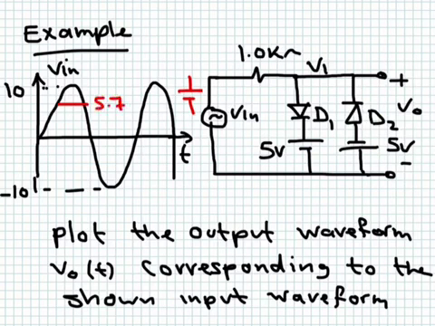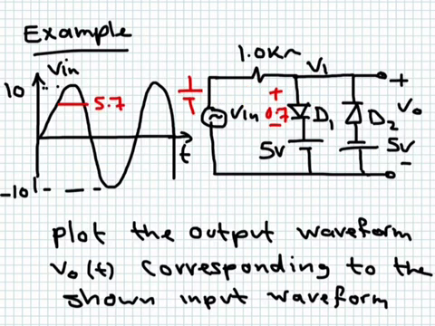So you have 0.7 here, and you have 5 volts applied along that battery. So in that case, current will start to flow. Once the voltage exceeds 5.7, there will be some current flowing here. When you have an input of 10 volts, 5.7 will appear across this diode and the battery, and the remaining voltage will appear across this 1K.